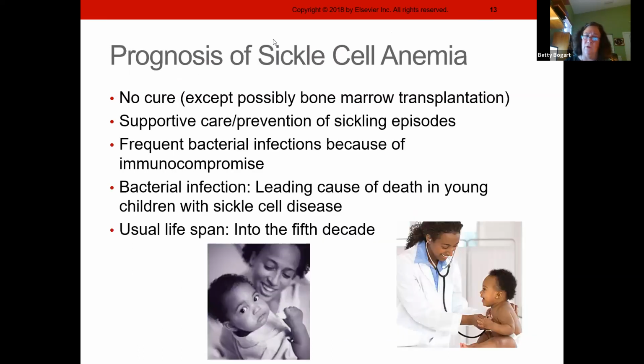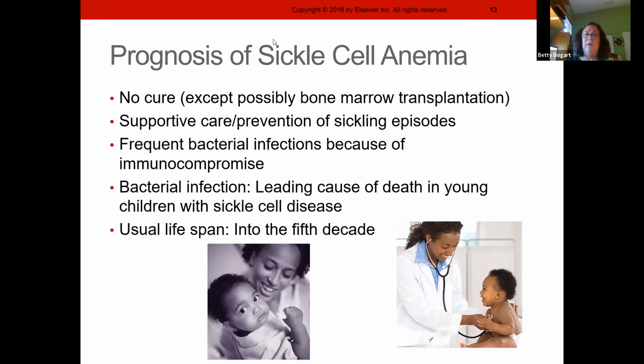Now, there is no cure, but they're thinking maybe some bone marrow transplantations can help. Our goal is to prevent these crises and to try to keep down the amount of bacterial infections.